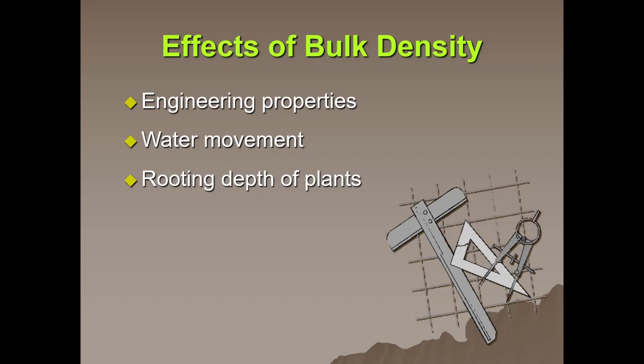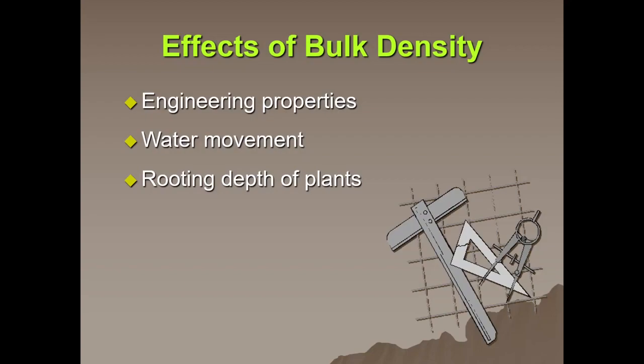Then the rooting depth of plants: high bulk density, low penetration. The plant roots cannot go all the way down the soil profile where they need to be. And once the roots are not growing well, it affects the growth and development of the plants.